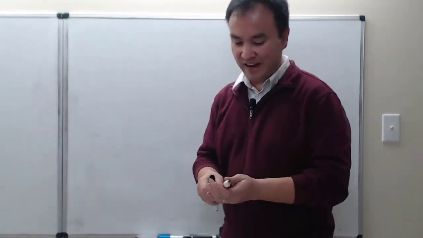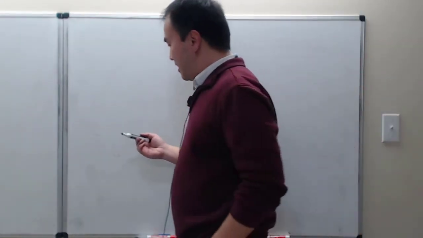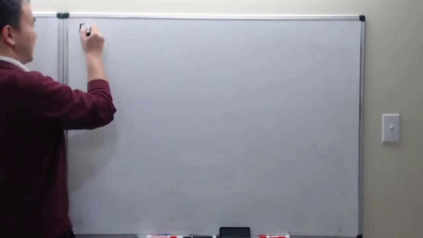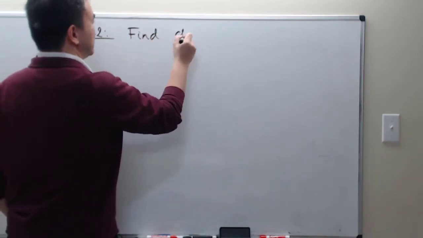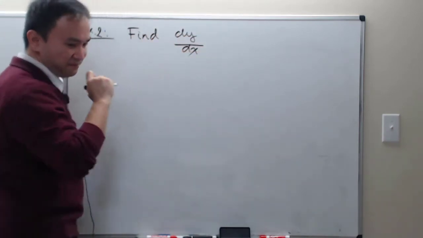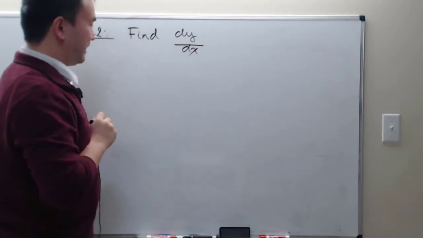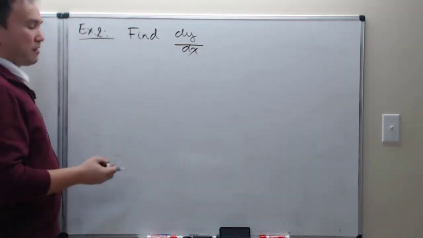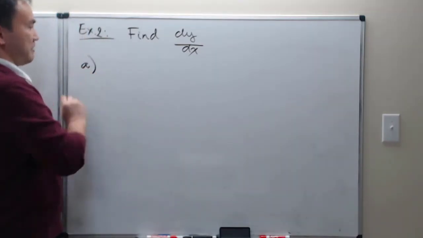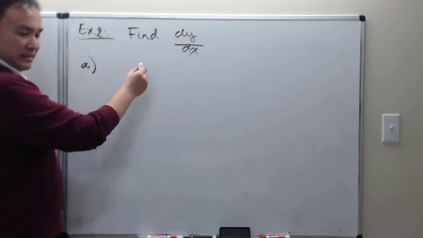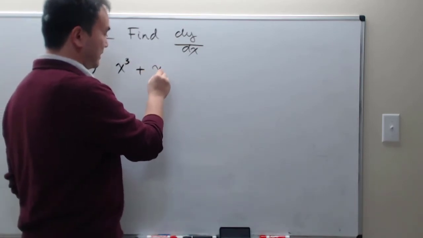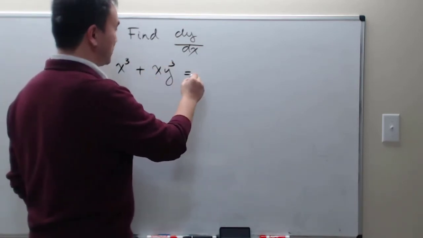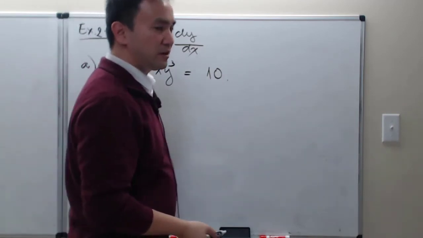The next example, which I call example 2: we simply want to find dy/dx. In part A, the equation given to us is x cubed plus x y cubed equals 10. All right, so there we go.